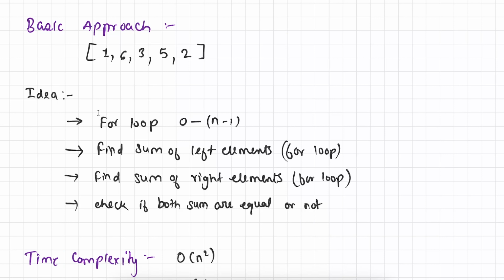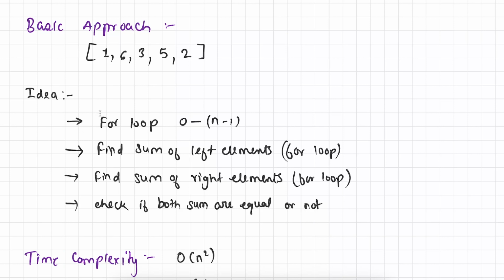Once we pick one element, we go to the left of that element and find the sum of all the elements. Similarly, we go to the right of that element and find the sum of all the elements. Then we simply compare both the sums. If we find that the sums are equal, then we say that this is an equilibrium point. If we do not find any element whose left sum and right sum are equal, then we simply return false. So this is the basic idea of this approach.